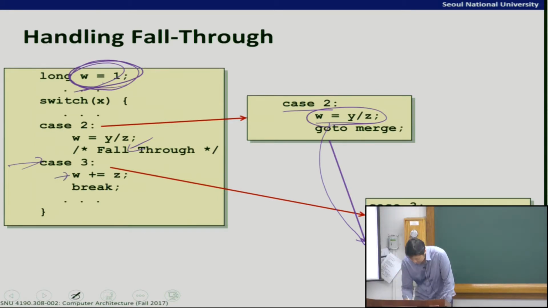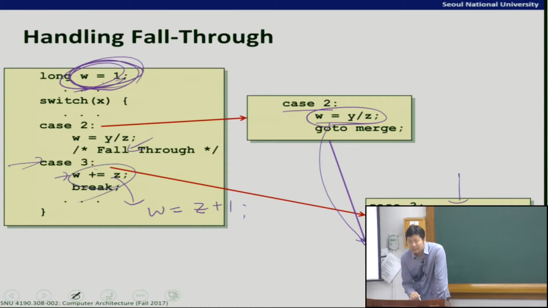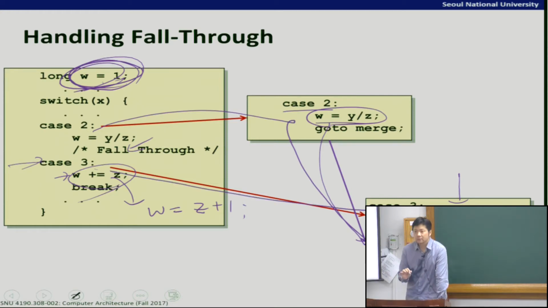So it will be equivalent to W equals Z plus 1, right? Because W is initialized to be 1. Therefore, if you go to case 3, you first initialize the value of W to 1, and then you execute the same statement like this. So in case 2, you go to here and go here like this. In case 3, you go to here and go here like this.